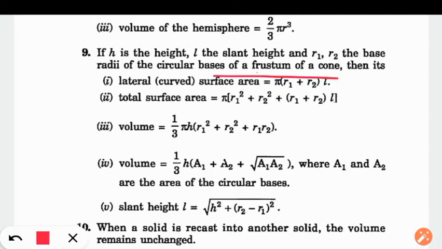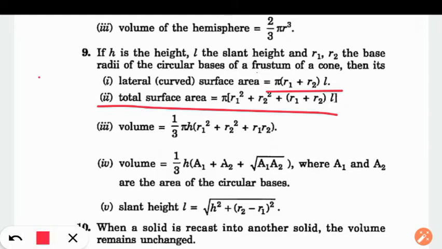Then its lateral surface area: the formula is pi in bracket r1 plus r2 into slant height. What is the formula to find lateral surface of the cone? Pi r l. Since here we have two radii, that is why we have r1 plus r2.